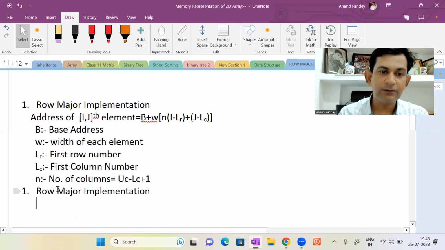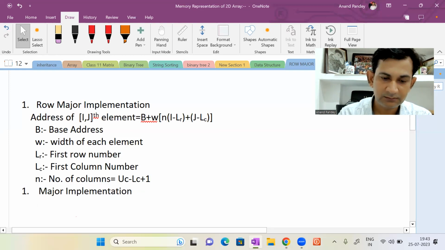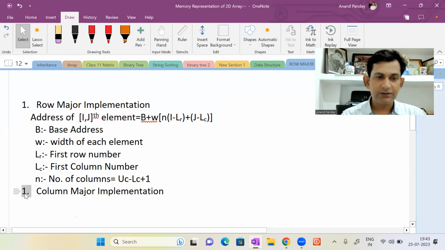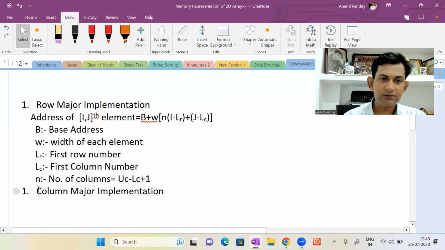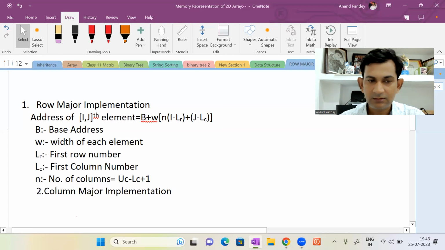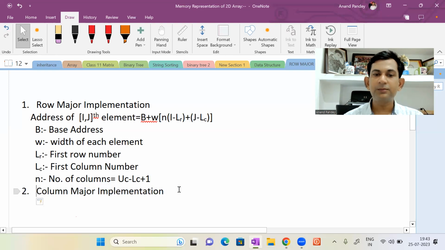I'm going to write the same thing for the column major implementation. The formula is simple. I'm going to copy this formula.